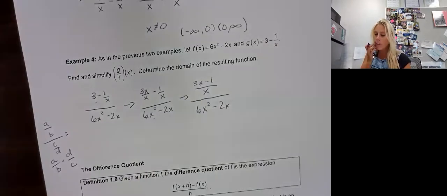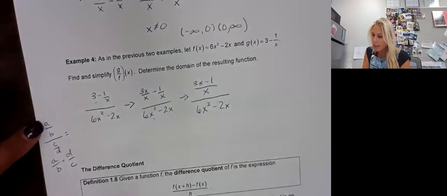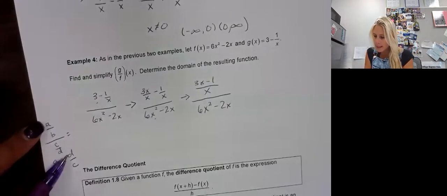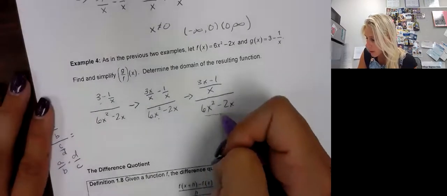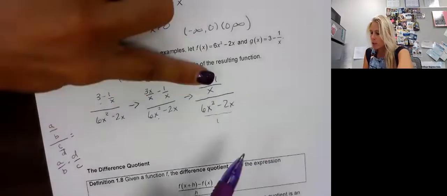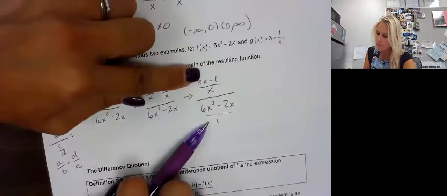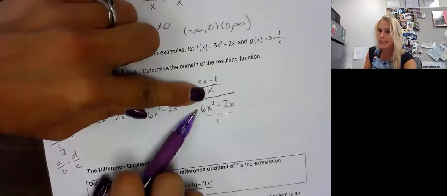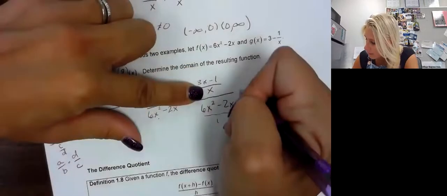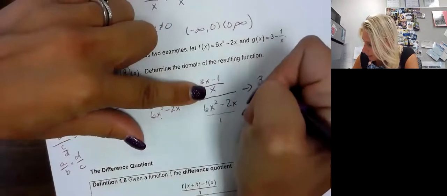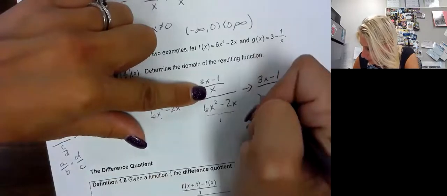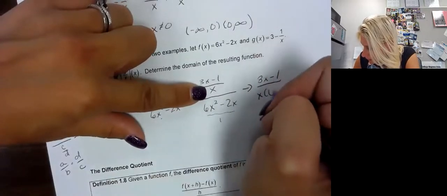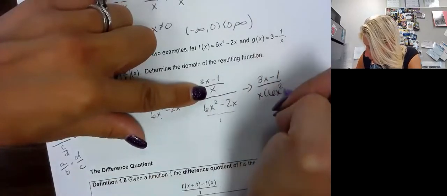Okay, so if you look here, I'm multiplying a and d together, and don't forget, this would be over 1. So I'm multiplying a and d together and multiplying b and c together. So this gives me 3x minus 1 all over x times 6x squared minus 2x.